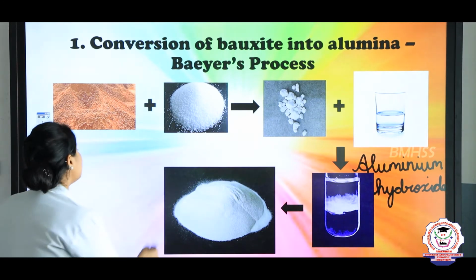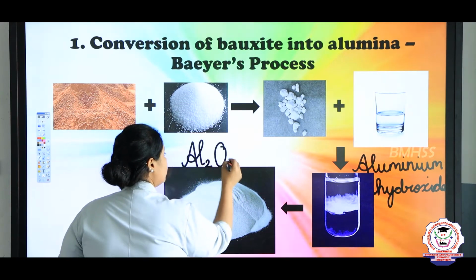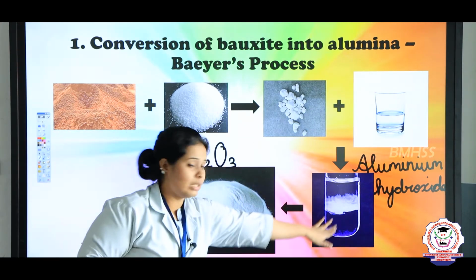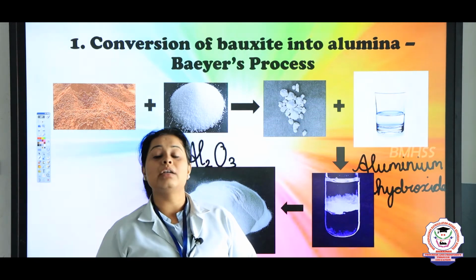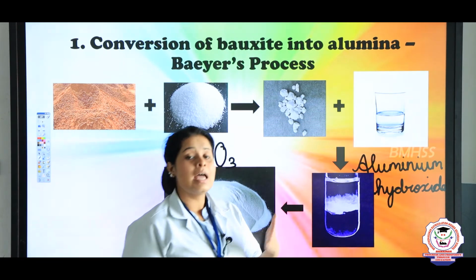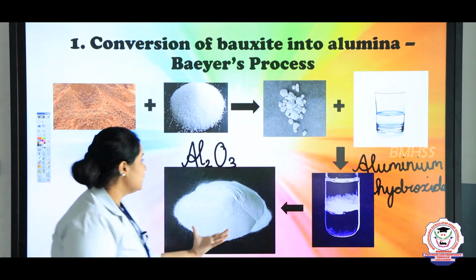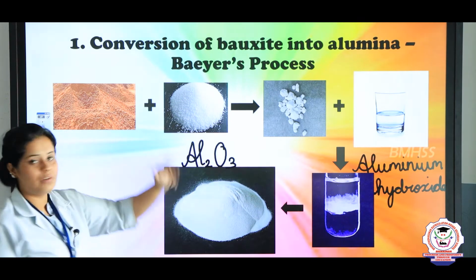So what is alumina, children? Alumina is Al2O3. You heat it at 1500 degrees Celsius, and after that you tap it so that it becomes powder, and this is the alumina which you are getting. So this is the first step.